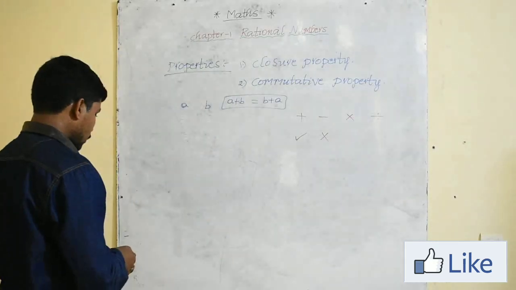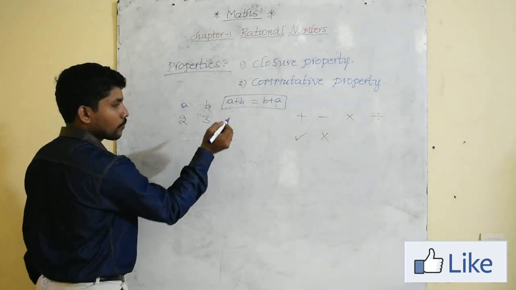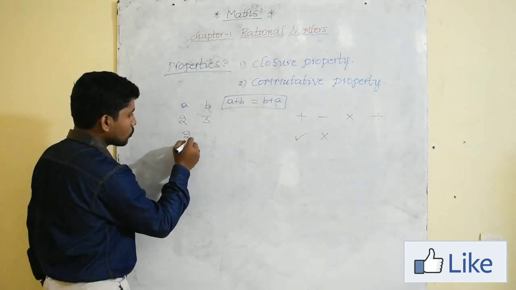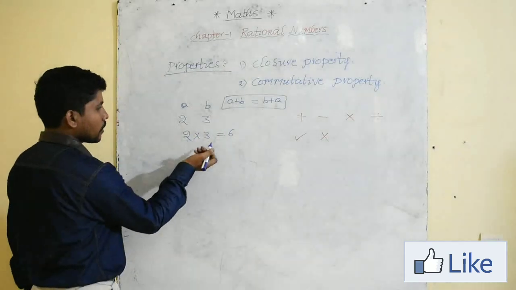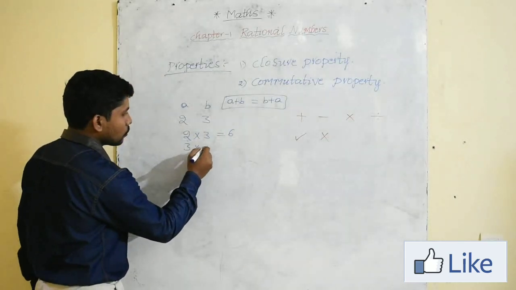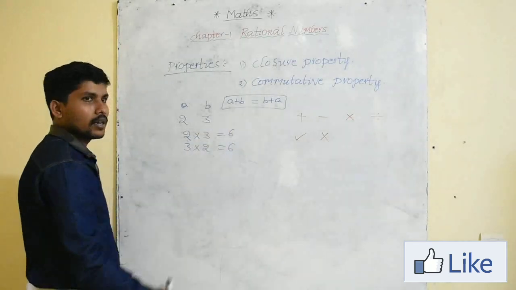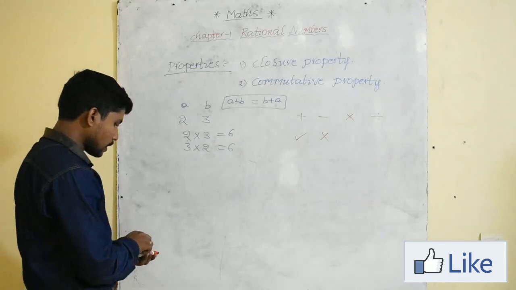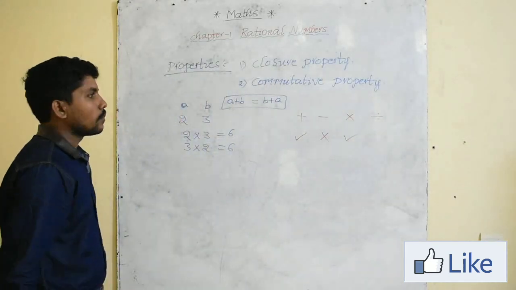Similarly, we will take the same numbers for multiplication, 2 and 3. If I multiply these two numbers, 2 into 3 results in 6. As well, if I interchange the numbers, 3 into 2 also results in 6. So we are getting the same result. So this is also satisfying the commutative property under multiplication.